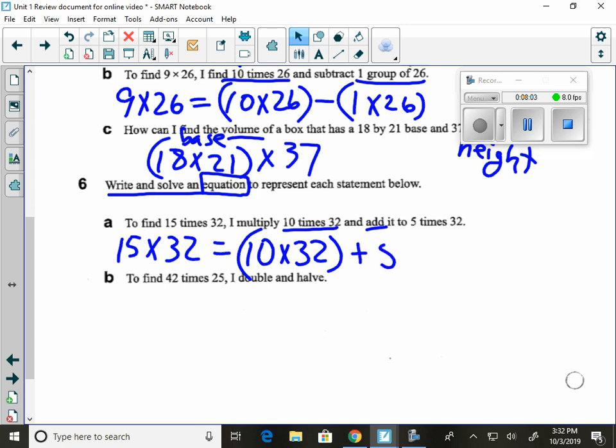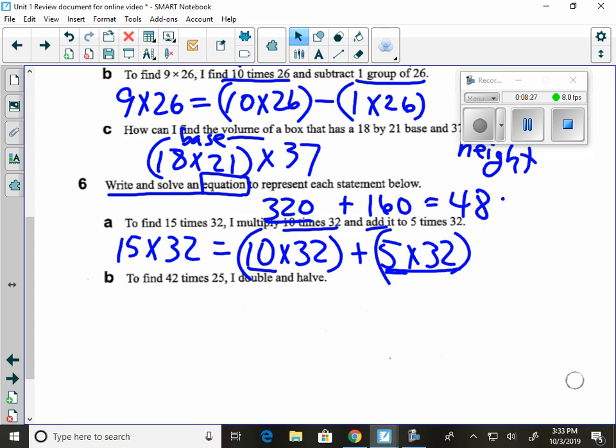Add 5 more 32s. So here you got 10 of the 32s, 5 more 32s, there's 15 of them altogether. So I guess I'll use the space here above. 320 plus, we've learned 5 is half of 10, so the answer to 5 times 32 will be half the size. So half of 320 is 160, and altogether that's 480.